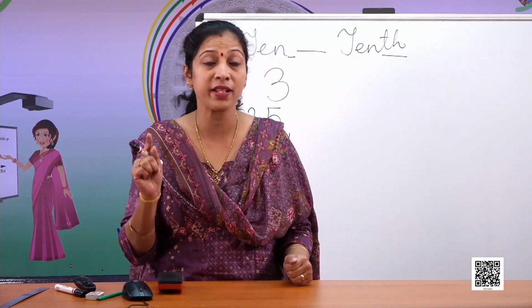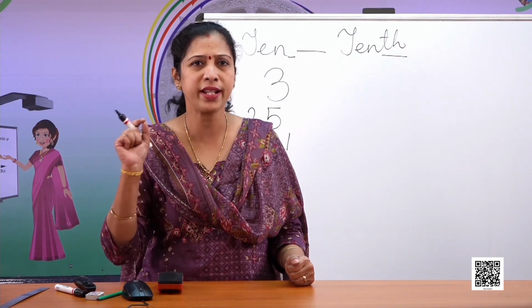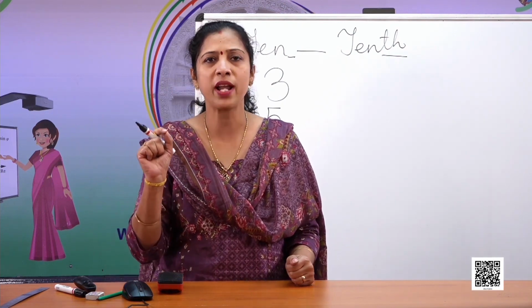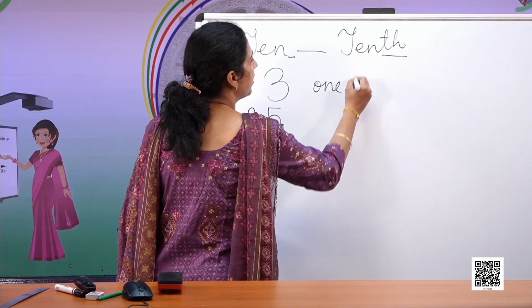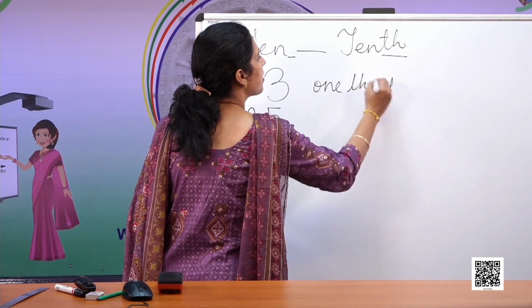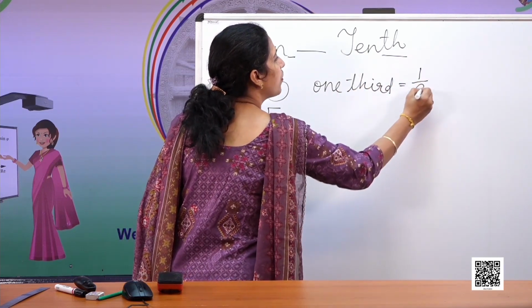Now 10th is nothing but... You must be remembering about the fractions 1/10, 1/8, 1/3, 1/4. So what is the meaning of that? So when we used to tell 1/3, we used to write down 1/3 as 1 out of 3.